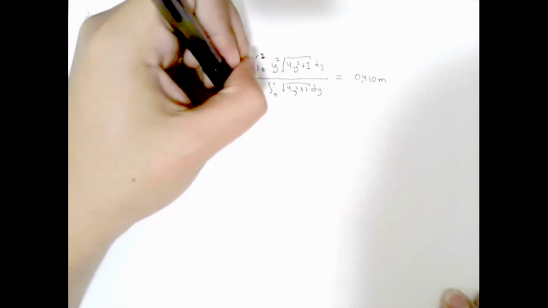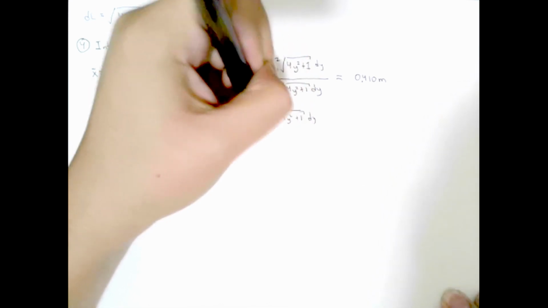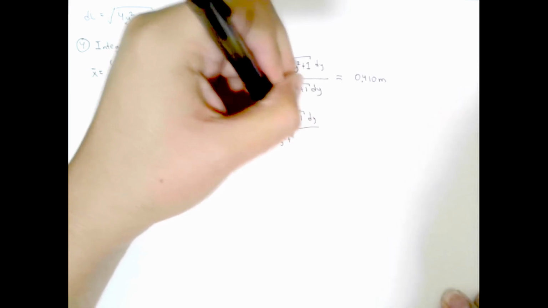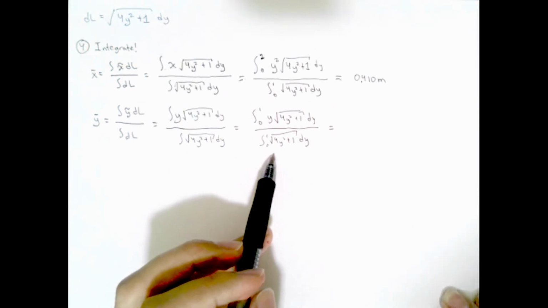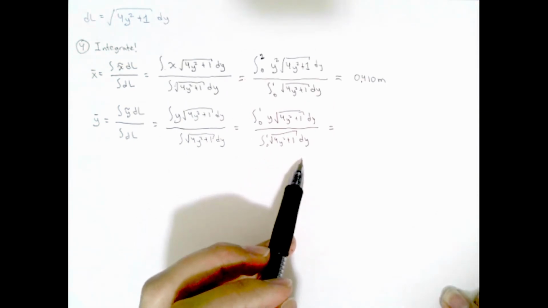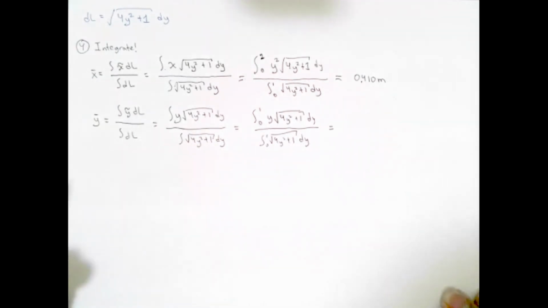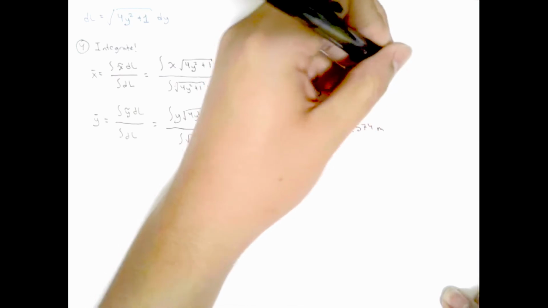So I can integrate this from 0 to 1. And hopefully you'll see that the integral in the denominator is actually the same as the integral in the denominator of the x coordinate, so you only have to solve it once. The integral in the numerator changes a little bit. So just for your review, the answer for this question will be 0.574 meters.